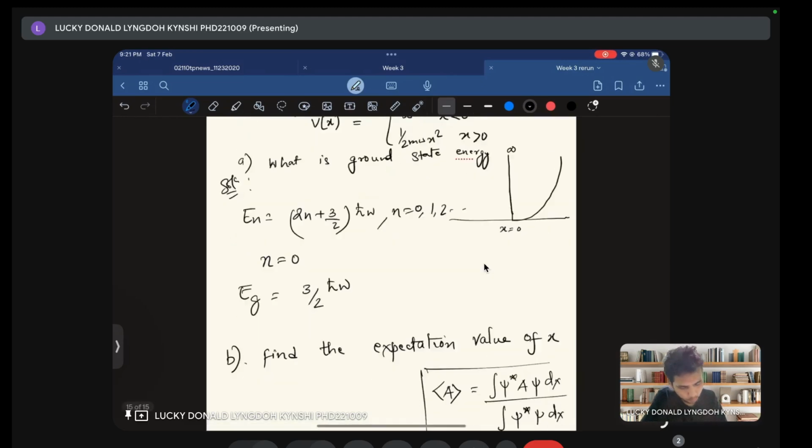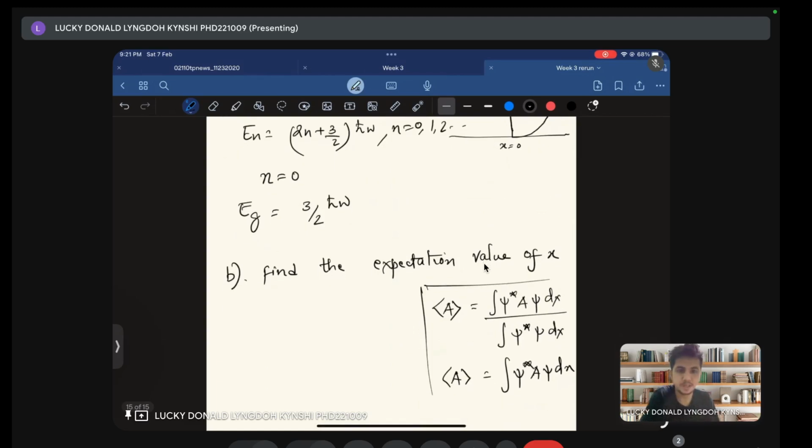Now to find the expectation, we need to find the wave function ψ. How do we do that?